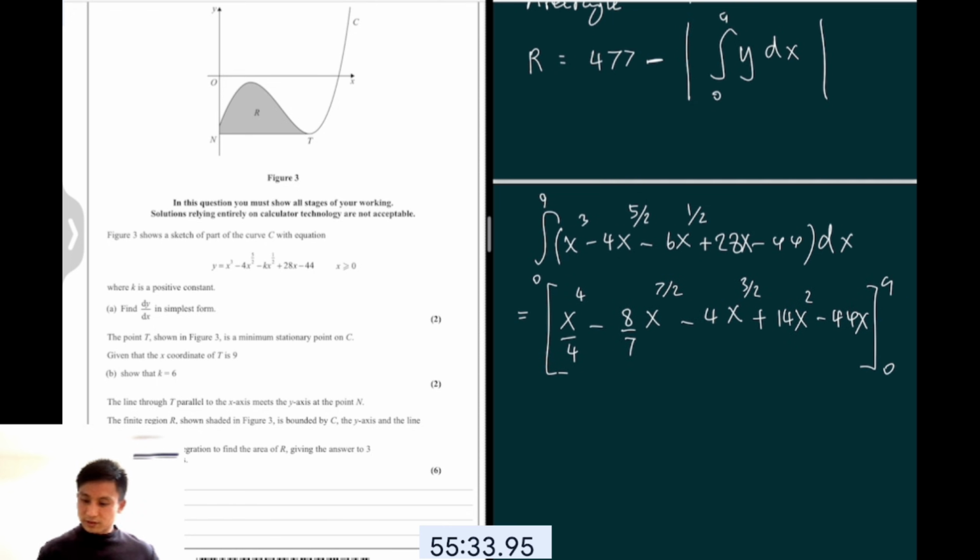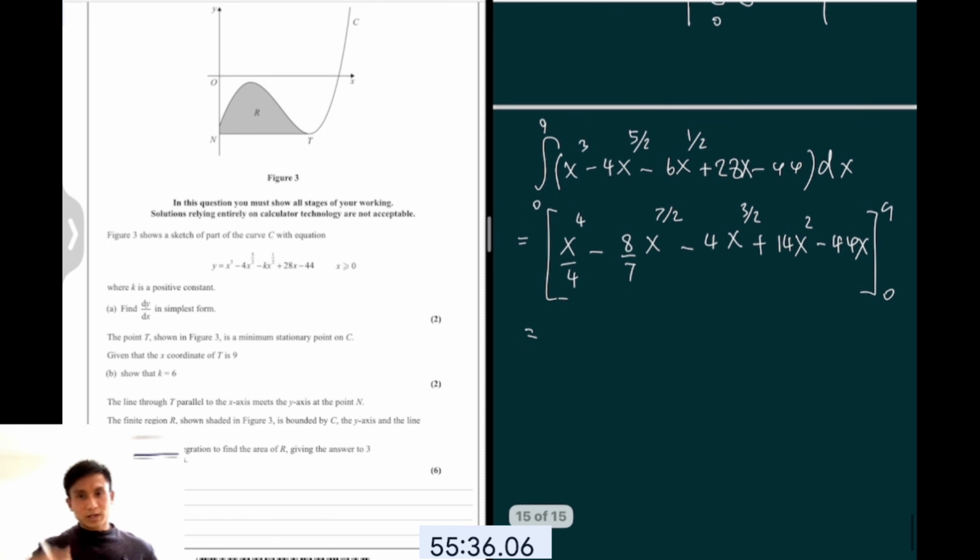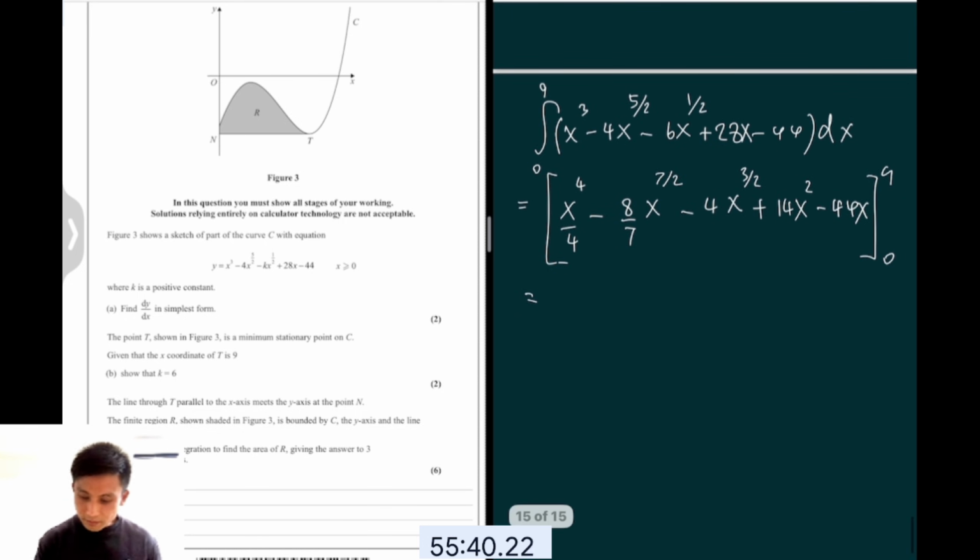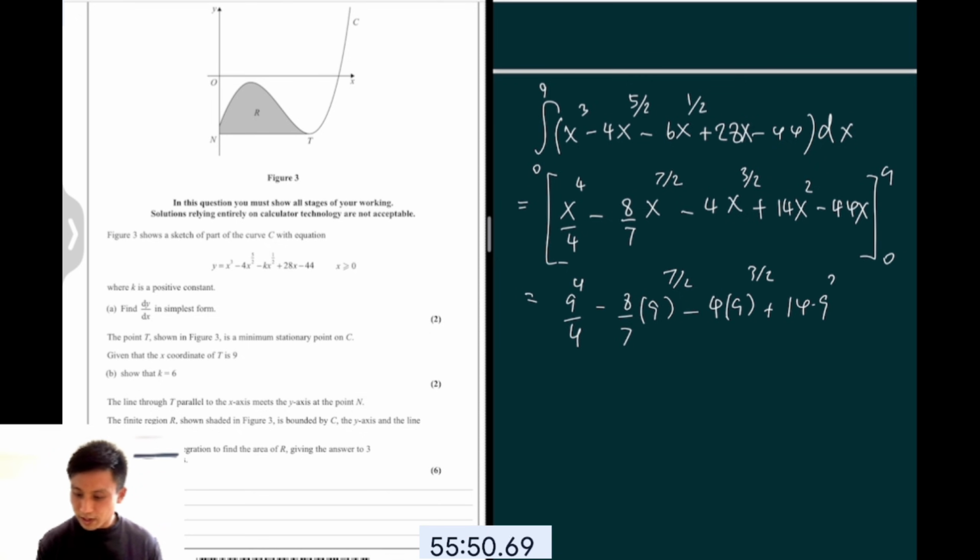Expectedly, this should give us a negative value. So we can cancel all the 0 out, just putting in 9, right? So 9 to the 4 over 4 minus 8 over 7 times 9 to the 7 over 2 minus 4 times 9 to the power of 3 over 2 plus 14 times 9 squared minus 44 times 9.